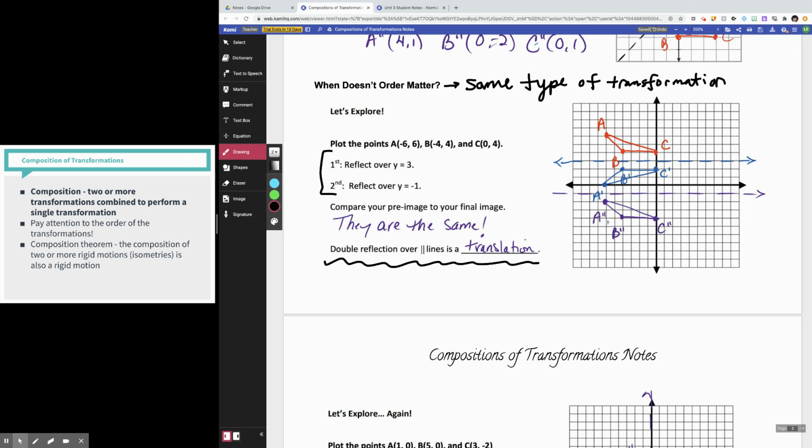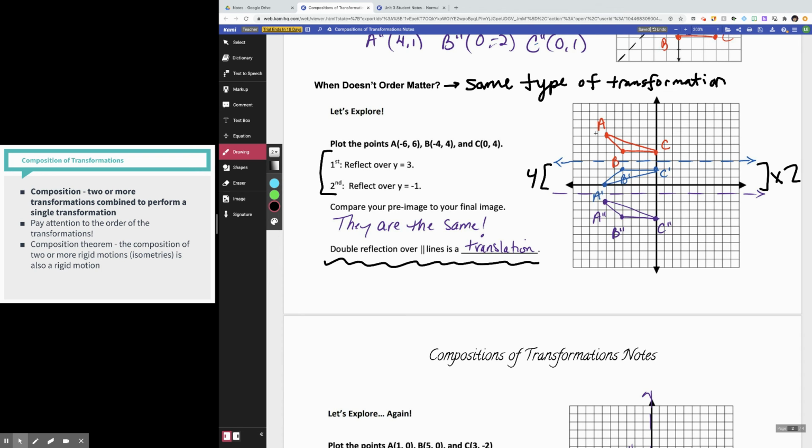And the distance that shape will travel is 2 times the distance between your original lines. So like this here, the distance between y equals 3 and y equals -1, whoops, the distance is 4.